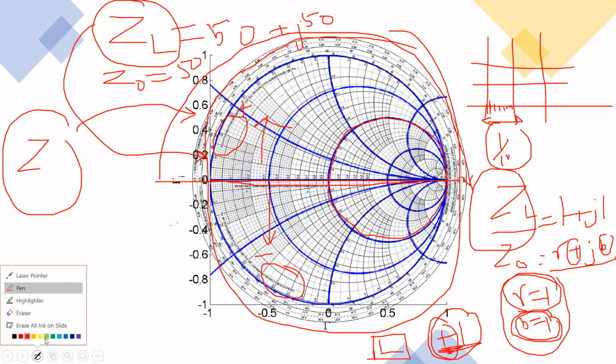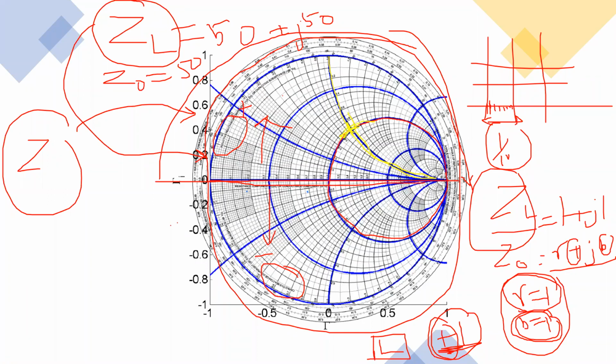Here, if I check, where is that component 1? This is the inductive circle, or the reactive circle, which is positive, associated with the inductance. Now where are these two circles meeting?